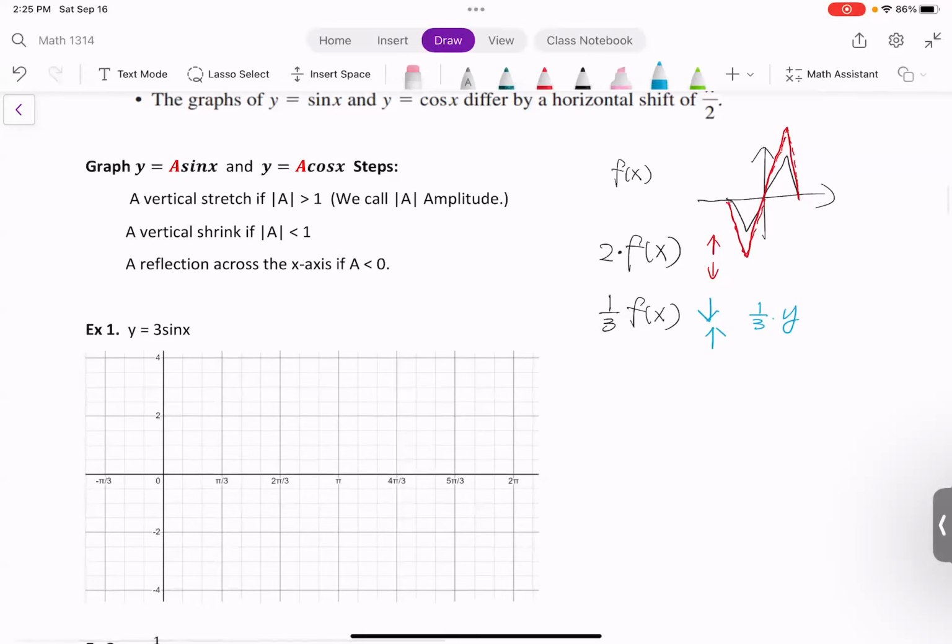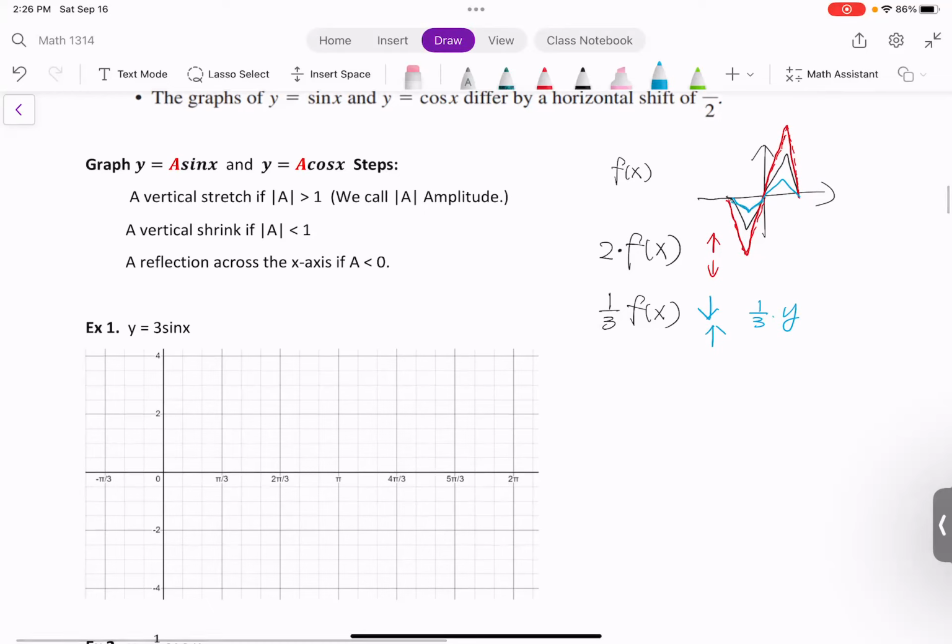Before, we had the original function f of x, now I have my function like this. I shrink it to 1/3 of all the y values, and the x didn't change.